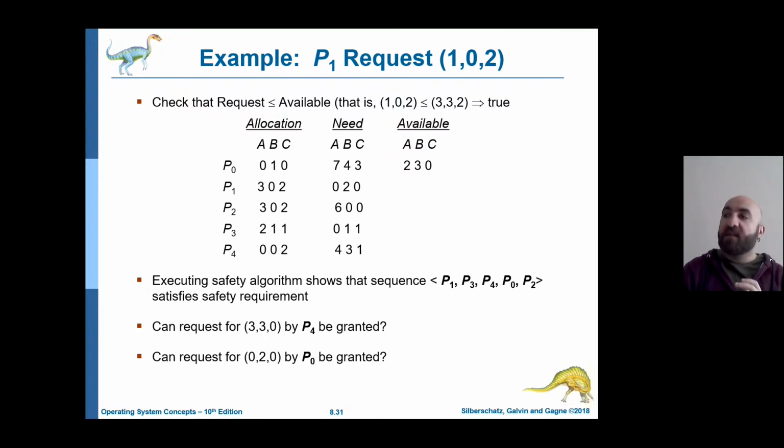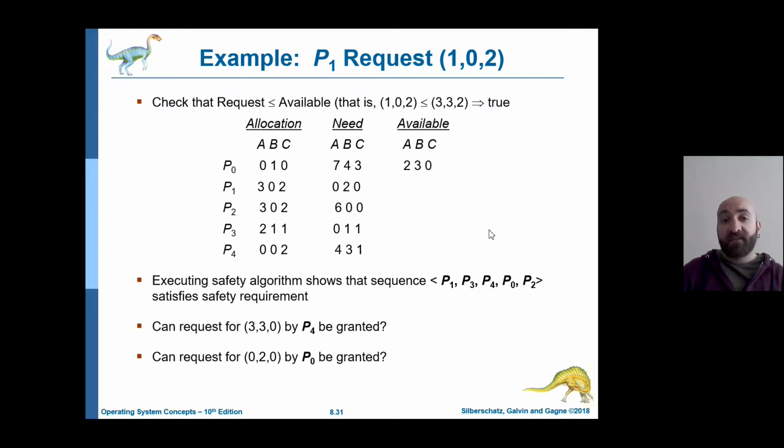That is, 1, 0, 2 is less than 3, 3, 2, which is true. So we pretend that this request has been fulfilled, and we arrive at the following new state. This is our new state.